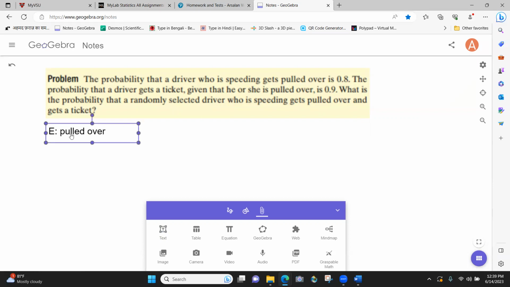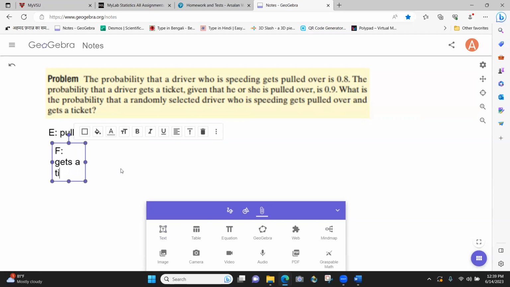So I'm thinking a little bit about how I can write it the best, so give me 2 seconds. The event that the driver gets a ticket is F. I'm going to call it F. Now, this is given as 0.9.